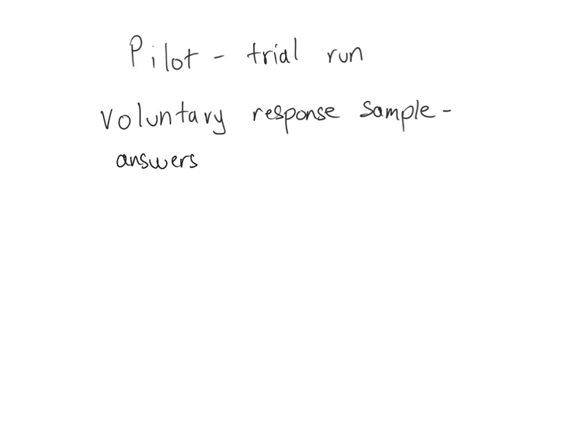The problem with voluntary response is there is a lot of bias, because only the people that want to respond are responding, and so you're not getting a true representative of your population. Introverts are not going to want to respond right away, or the people that are on the fence and haven't really quite figured out how they want to respond.